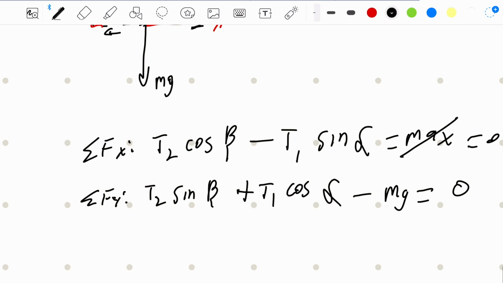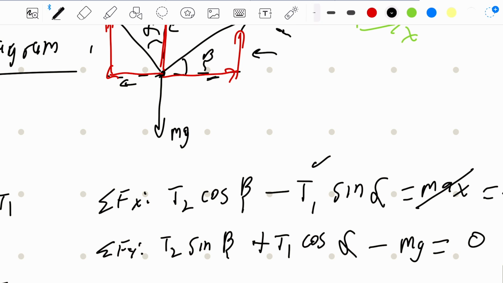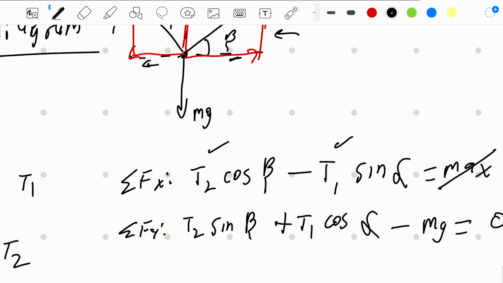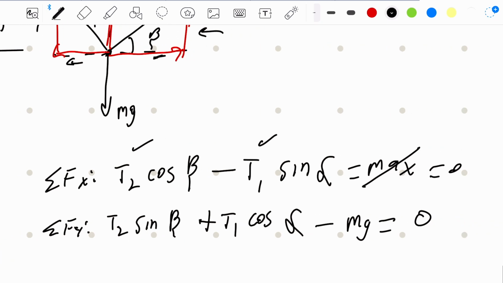So what we're going to have here is we are looking for the tension forces, and we have two unknowns. These are the two unknowns, T2 and T1, and we have two equations. So this is perfectly solvable. So what I'm going to do, T2 cosine beta is equal to T1 sine alpha, right?